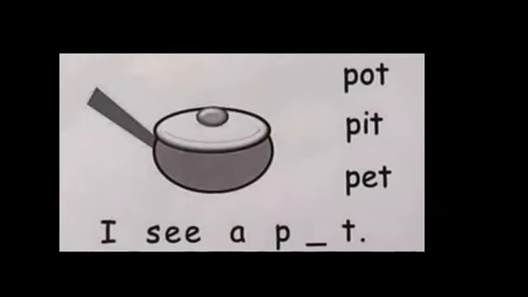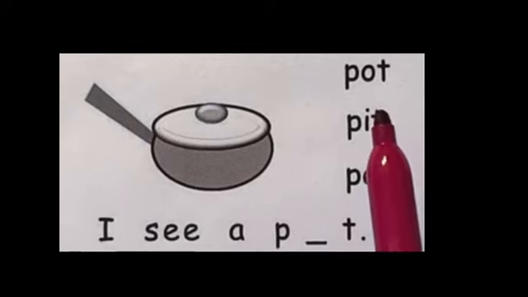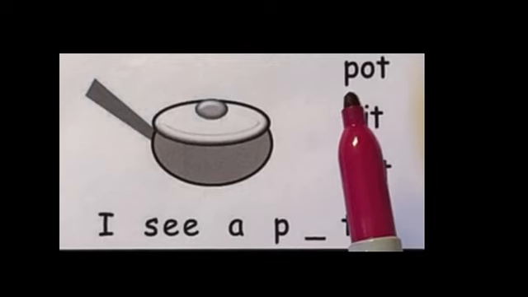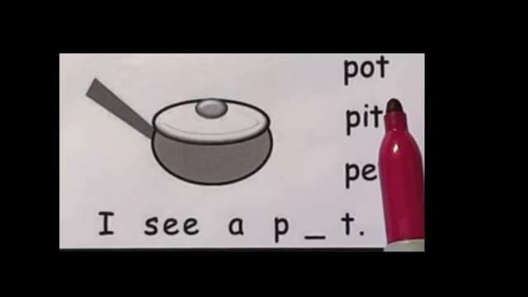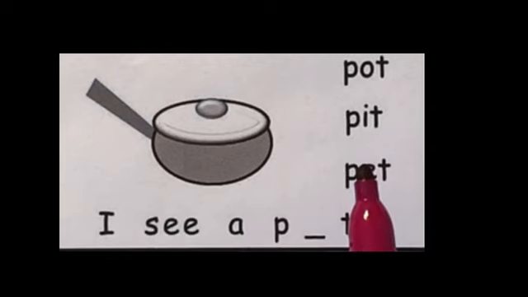So let's look at this example using our 3 strategies. Look at the picture, check the picture, it is a pot. Sound out the word. I see a p, a, t. Let's see which one has those letter sounds. P, a, t. Let's just check the others to be sure.